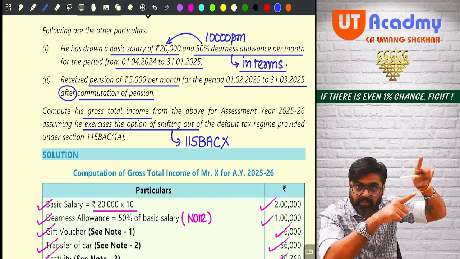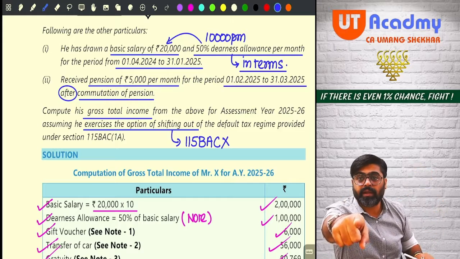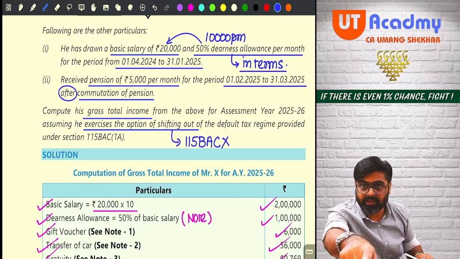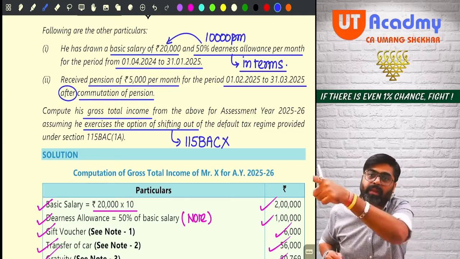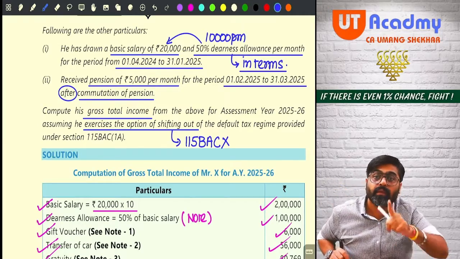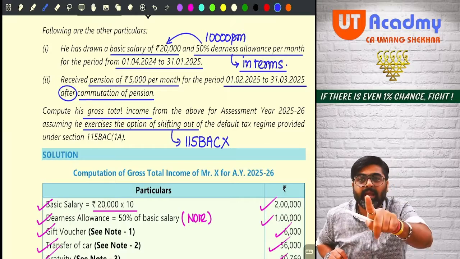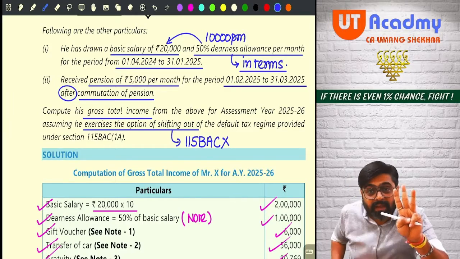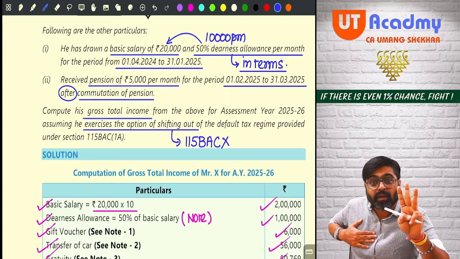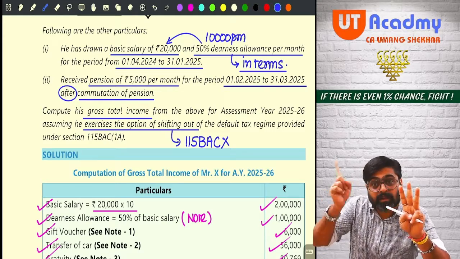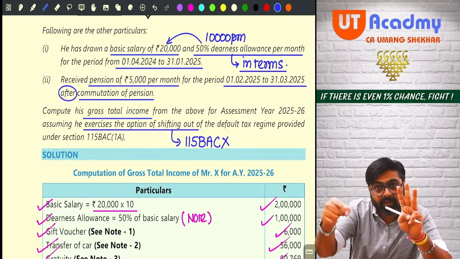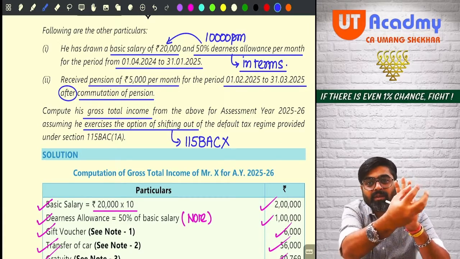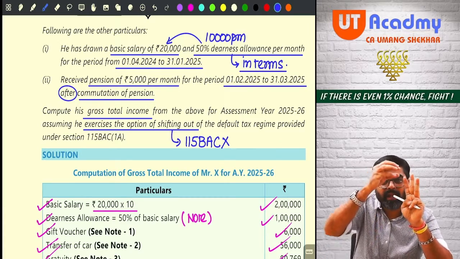Leave salary is your retirement benefit. How much leave salary you are getting? 3 lakh 30. That 3 lakh 30 you are receiving for how many months? 11 months. 330 divided by 11, you will get 30,000. Meaning that your employer has given you retirement benefit of 3 lakh 30 based on 30,000 salary, and that 30,000 includes basic and DA.